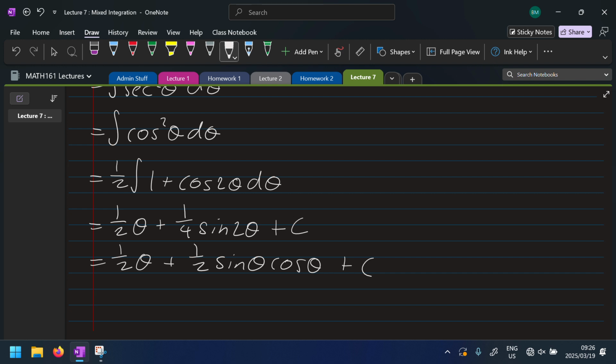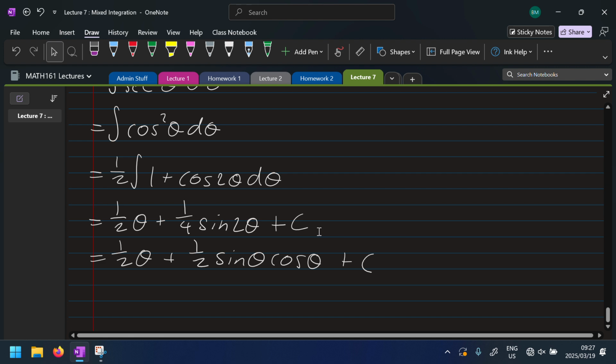So instead of the double angle, we've got two standard single angle trig functions. At this step, we can do the substitution for, yes? You can try, but at the end, you'll get the same answer.